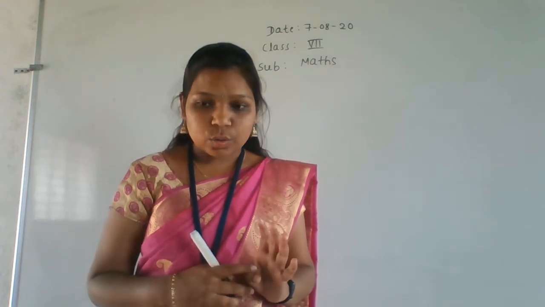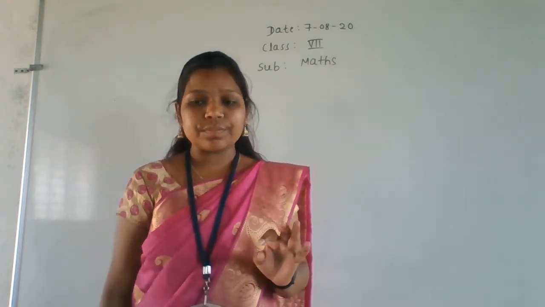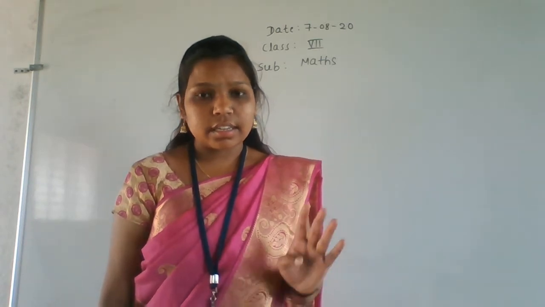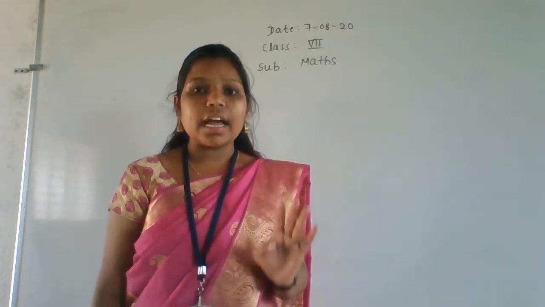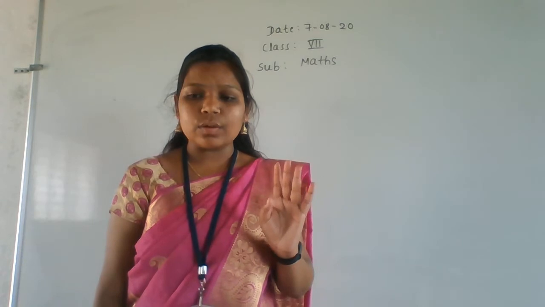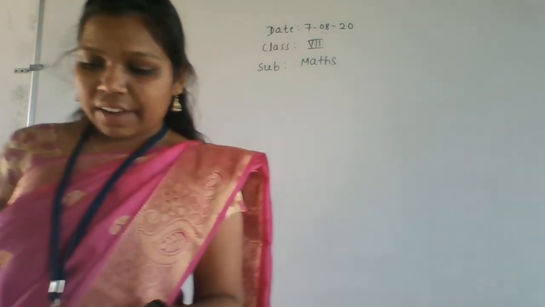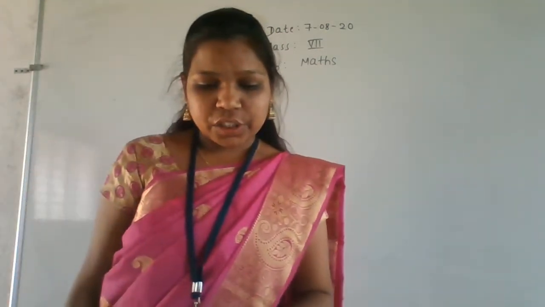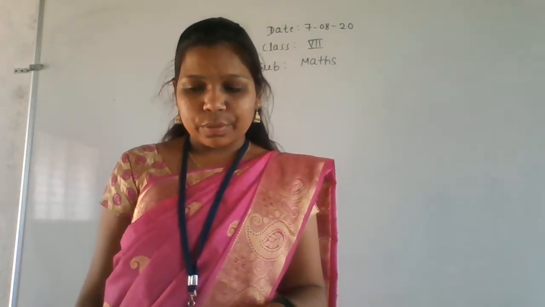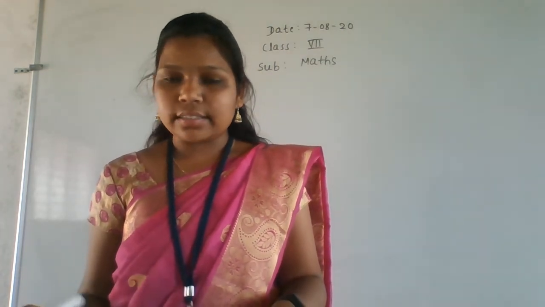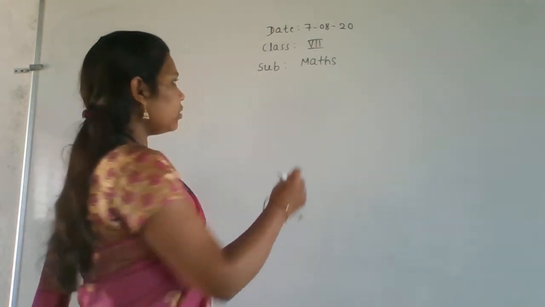The closure property and the identity. Only closure is satisfied for subtraction, and for addition all 5 properties are satisfied, right? So today we'll solve exercise number 1.1.